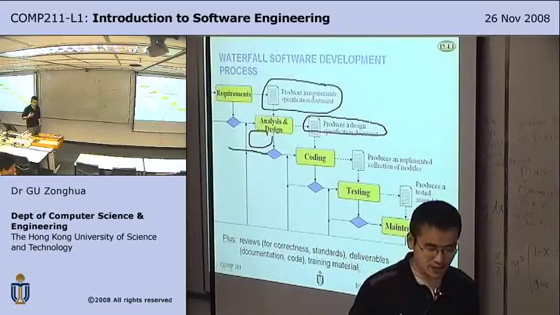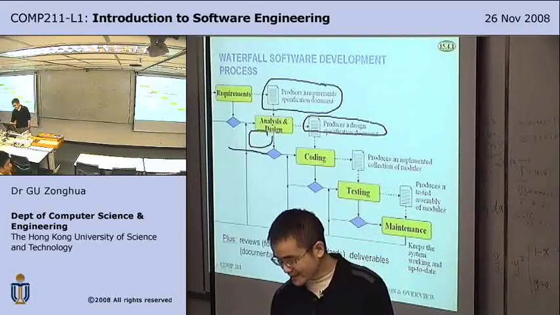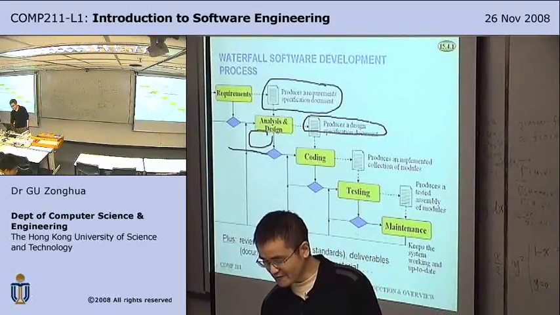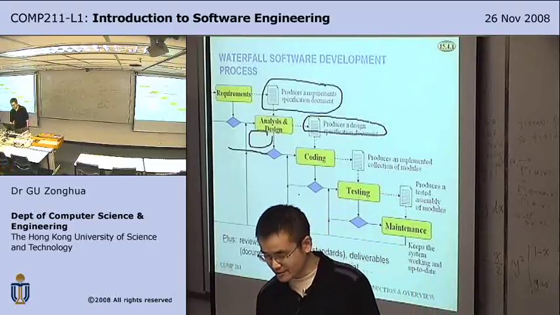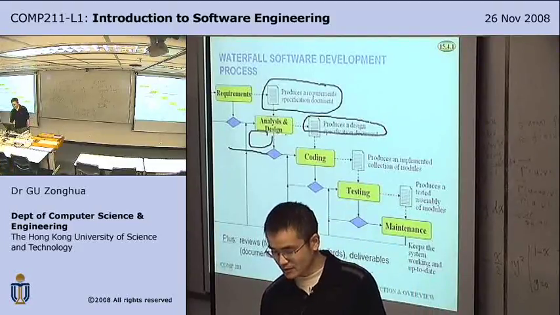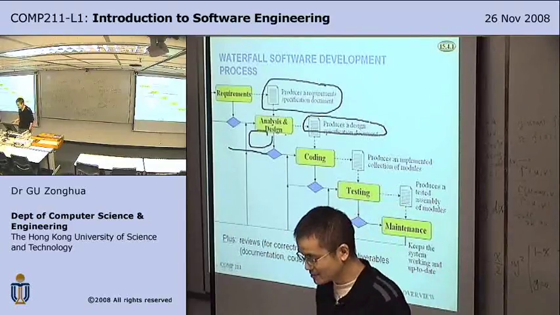So once your requirements are done, they're done. You cannot change it. And then in the maintenance stage, you can modify either one and then follow the waterfall process. Say you modify analysis, you fall from analysis down to coding to testing again.